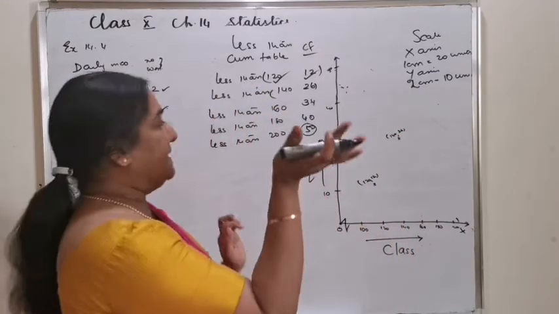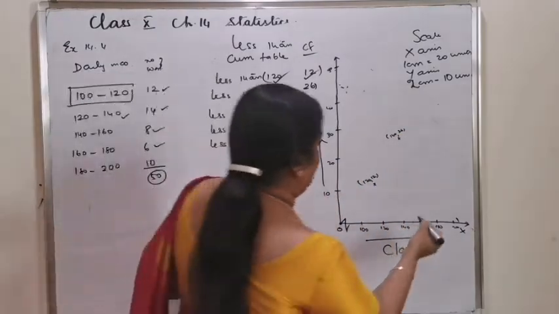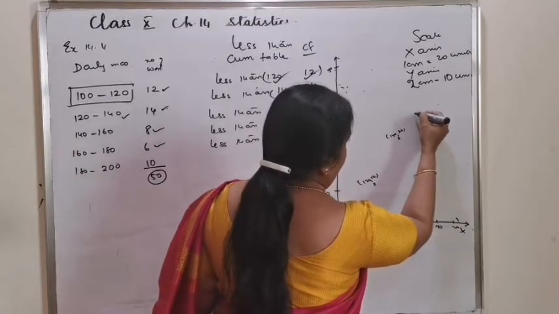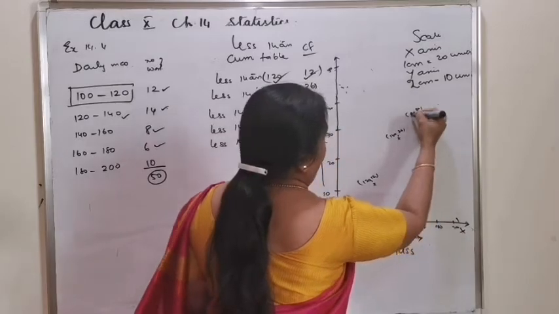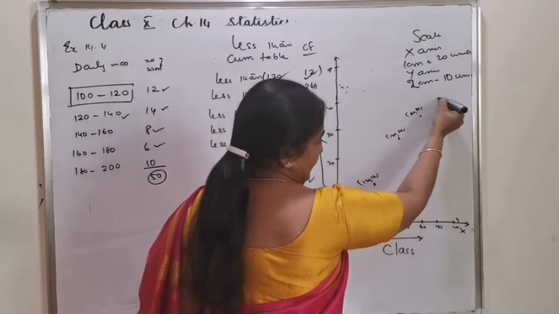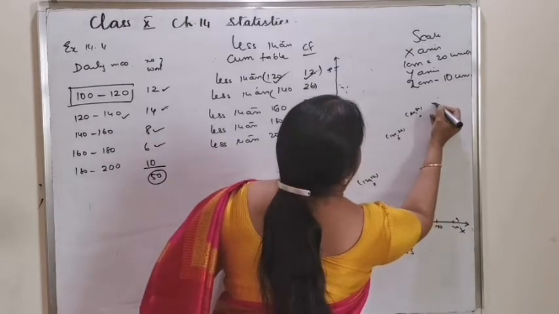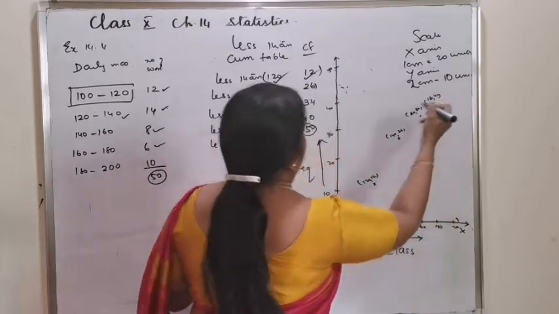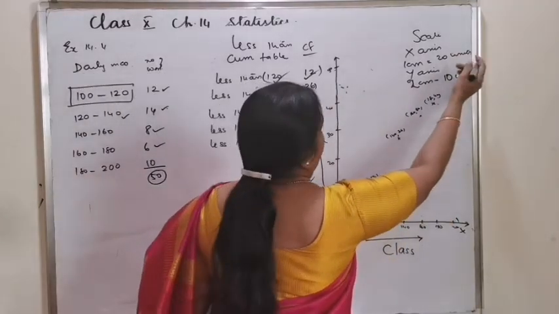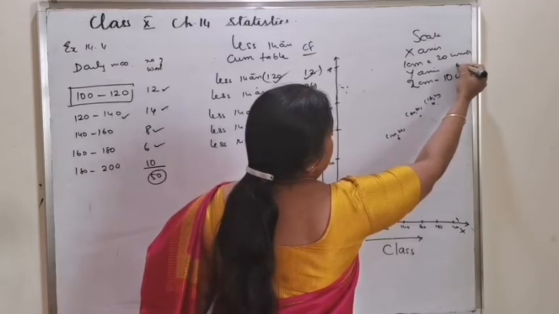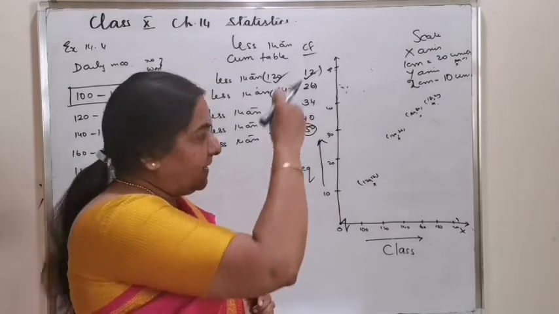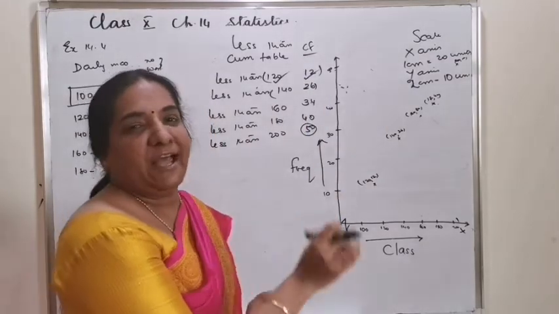It will be a rising curve: 160, 34; then 180, 40; and 200 will go with 50. Then draw a smooth freehand curve.